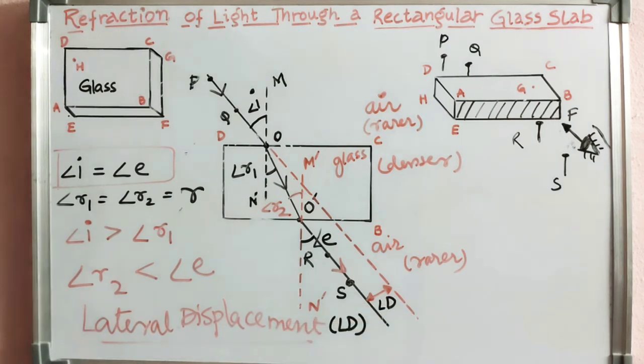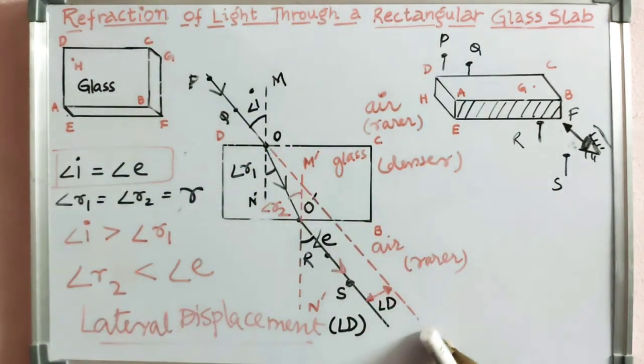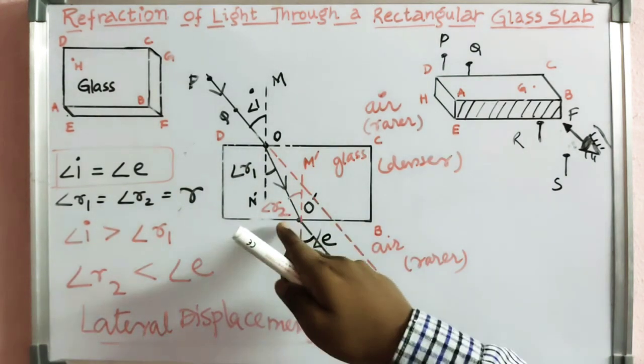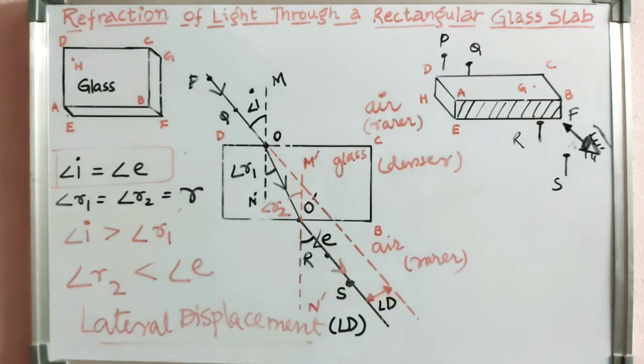The lateral displacement is the distance between the extended incident ray, the incident ray is up to PQO, so when I extend it right up to here, that is the extended incident ray, and the emergent ray. What is the emergent ray? O dash, R and S. That is the emergent ray.